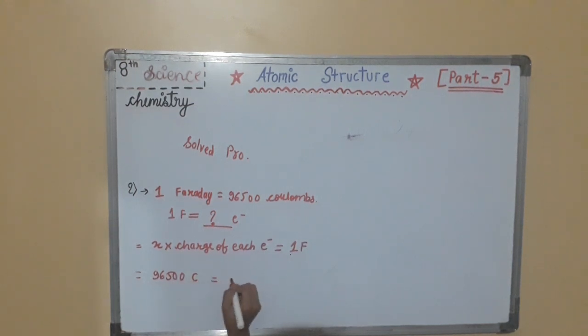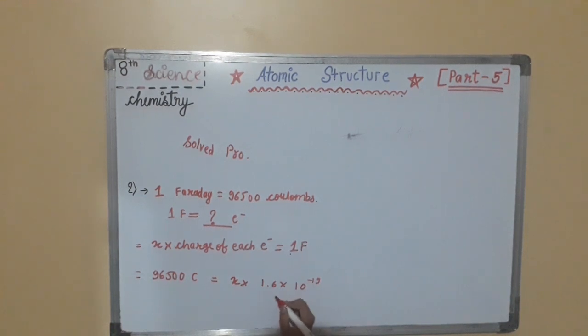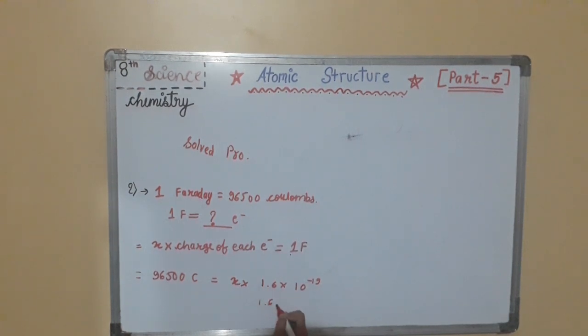That will be equal to x into charge of each electron, which is 1.602 into 10 raised to minus 19, but we can write it as 1.6. That will be easy to solve.